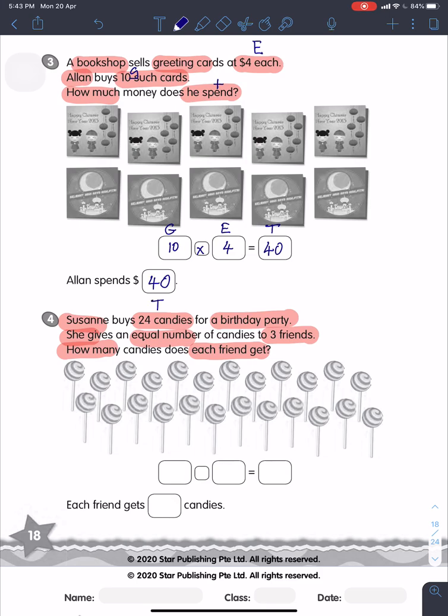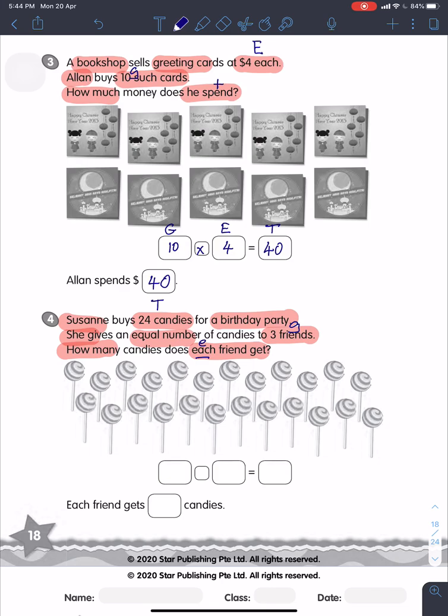Now it didn't mention how many is the equal number, but we know that there are 3 friends. So these three friends are representing the groups. How many candies does each friend get? So we want to find out how many are there in each.